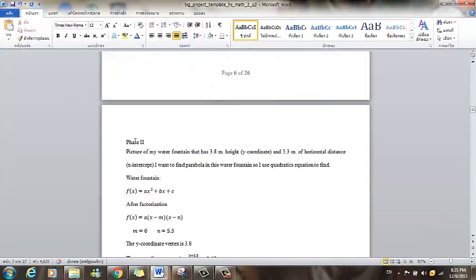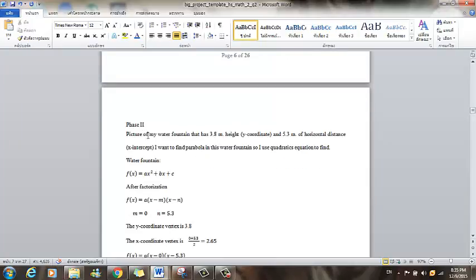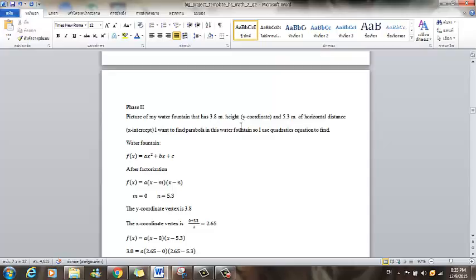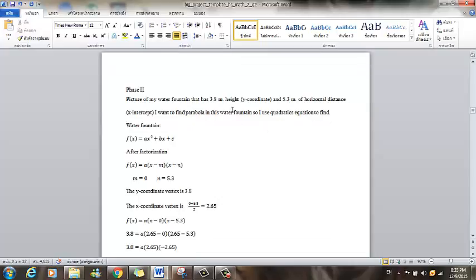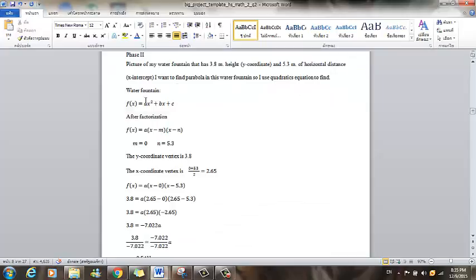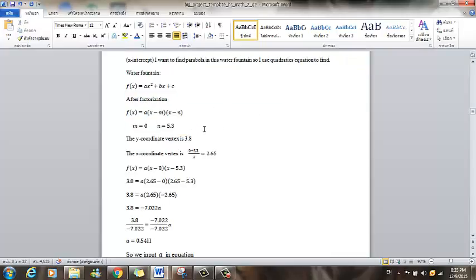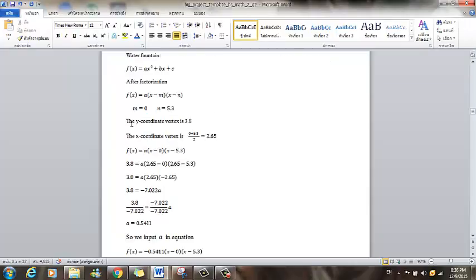So for phase 2, the picture of my water fountain is 2.8 height and 5.3 distance. I use the quadratic equation to find it, same as phase 1. We factorize into this, and m, the beginning, is 0 and n, the end, is 5.3.